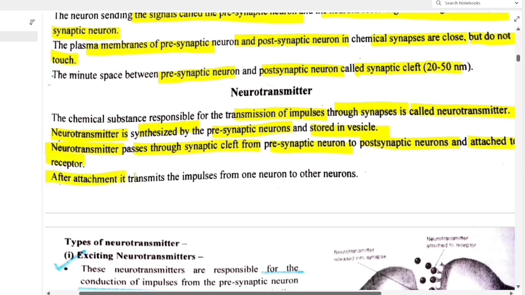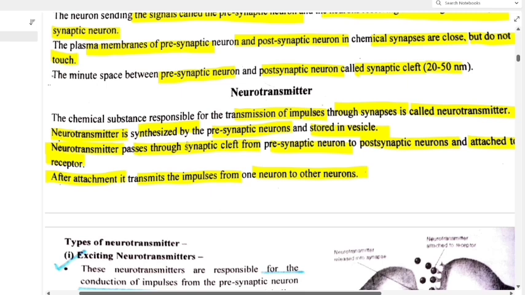After attachment, it transmits the impulses from one neuron to another. Let's revise it again.